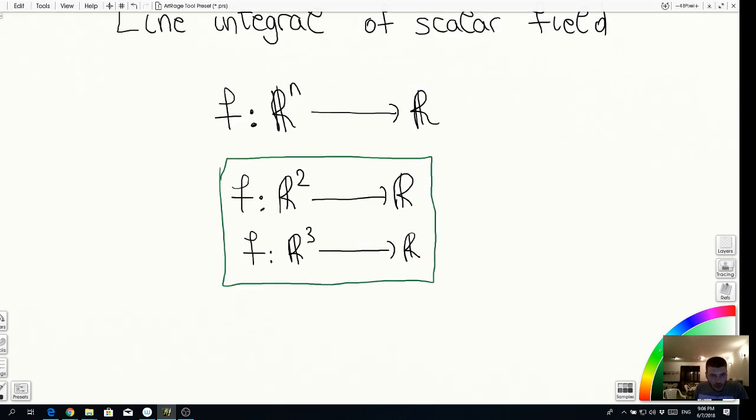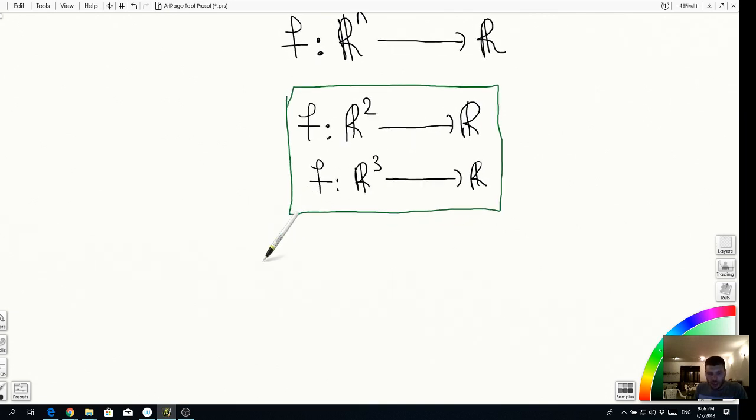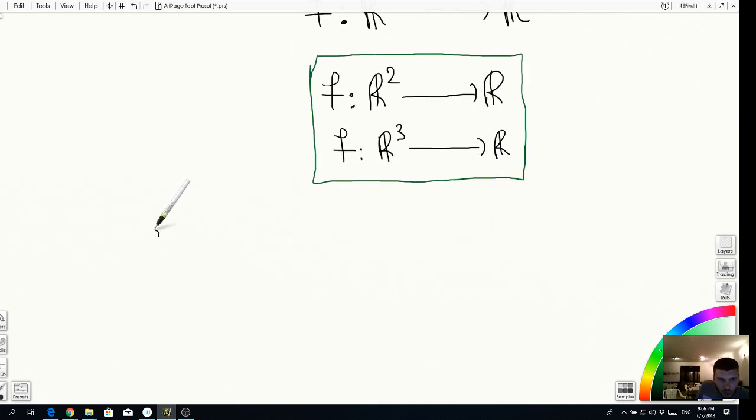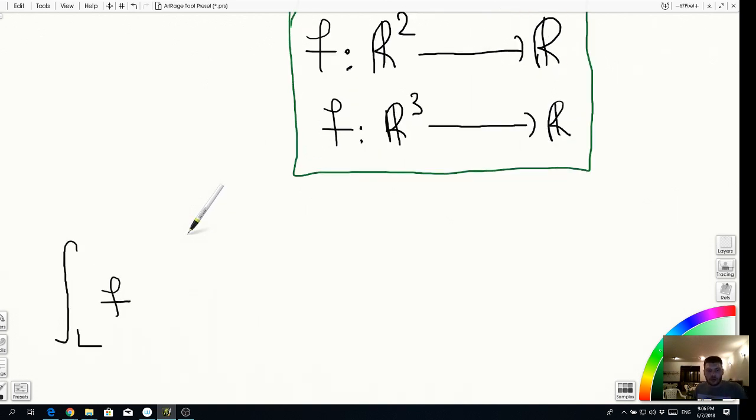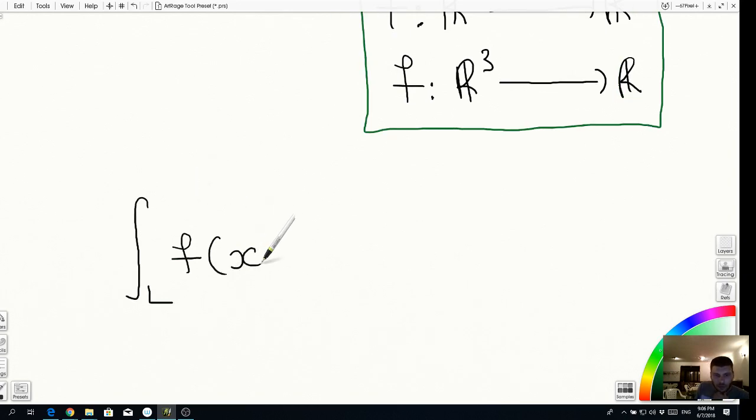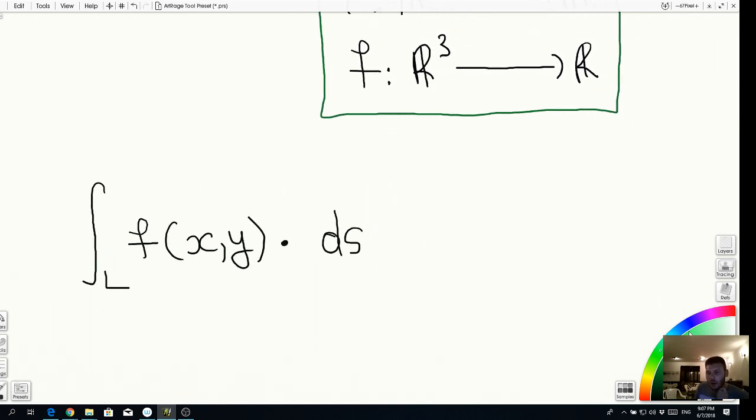We will divide this on two cases. First case will be two-dimensional case, and line integral of scalar field is notated something like this in 2D case, where this means integral over some curve L, and curve is in the real plane.